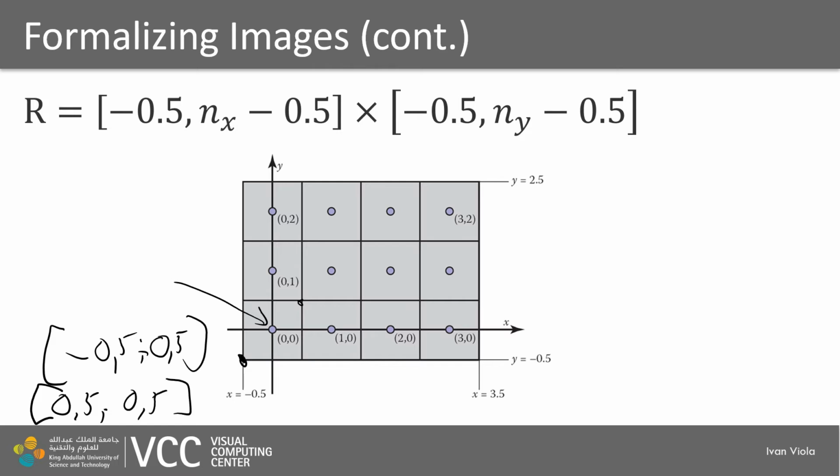This is important to keep in mind. Therefore, the upper end of the rectangle will be defined as nx minus 0.5 and ny minus 0.5, so that the starting pixel is actually placed at the position 0, 0.